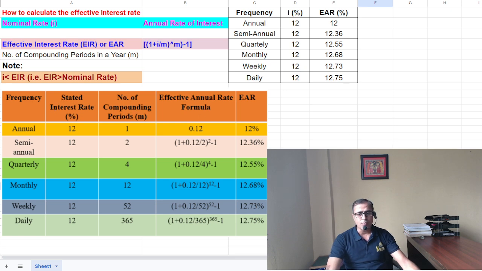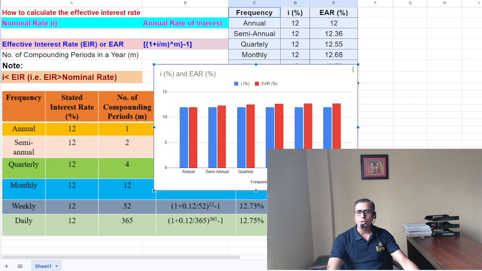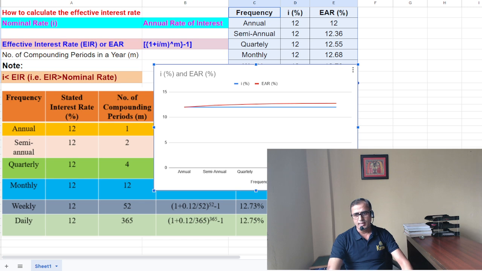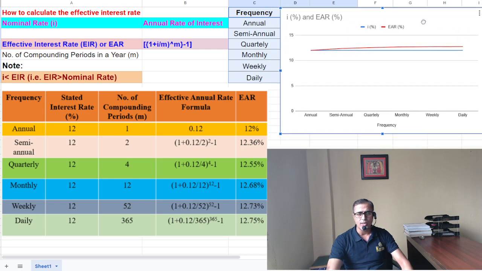Now let's move on. I just organized all this information here. I would like to see it with a chart, so I select this, go to Insert, then Chart. Here I could select the line chart, and you can see our line chart here.